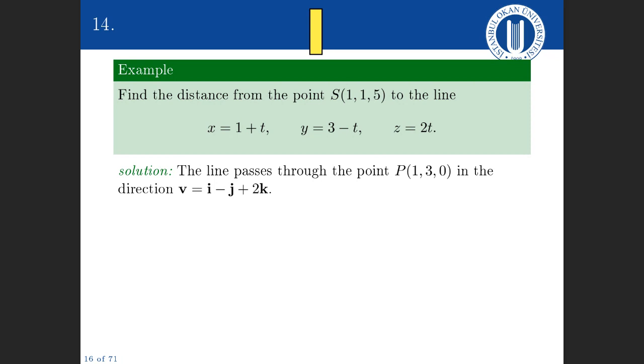To get the point, we use the first numbers, so 1, 3, and then the first number in the z equation would be 0, because the z equation we can think of as 0 plus 2t. So that's (1, 3, 0). And then for the vector, we use the second numbers. So that's plus 1t, minus 1t, plus 2t. So (1, -1, 2).